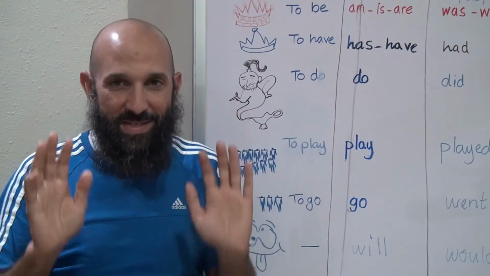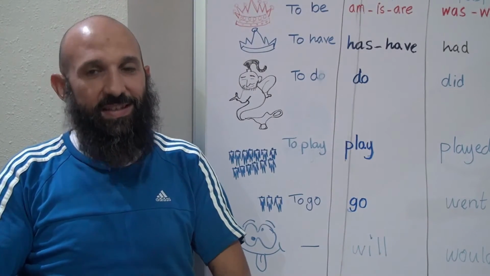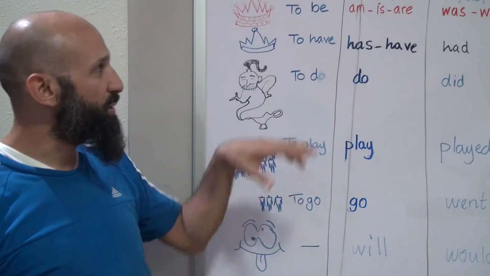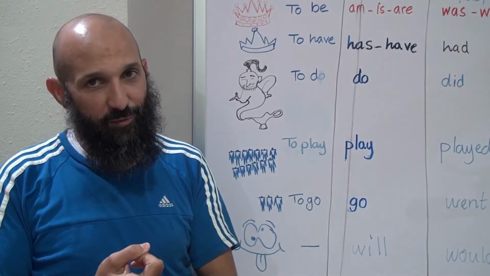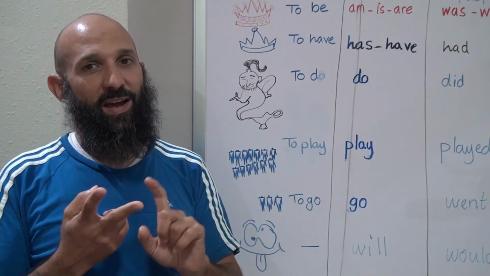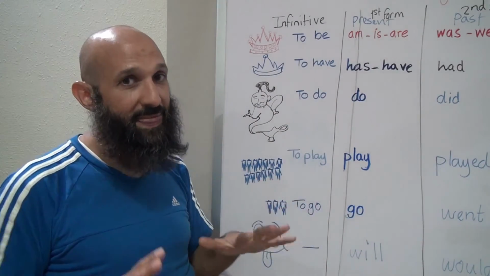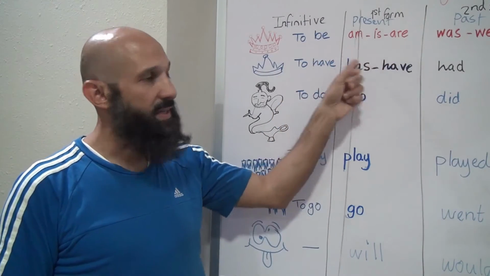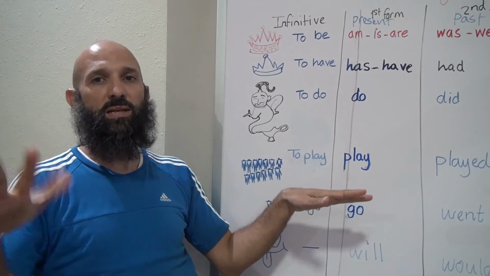Right, now let me summarize everything I talked about today. Today I talked about the present simple, how to make negative sentences, and how to make questions. And I said that the king is different from all the other millions and millions of verbs.